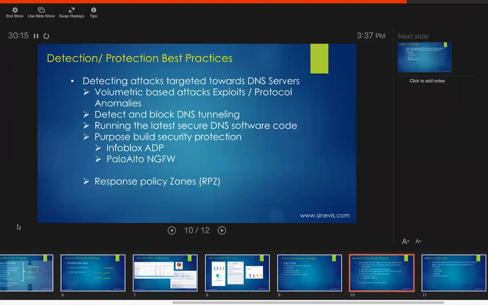So again, there are solutions from Infoblox and Palo Alto that are purpose-built to look at DNS traffic, detect DNS tunneling and block it.